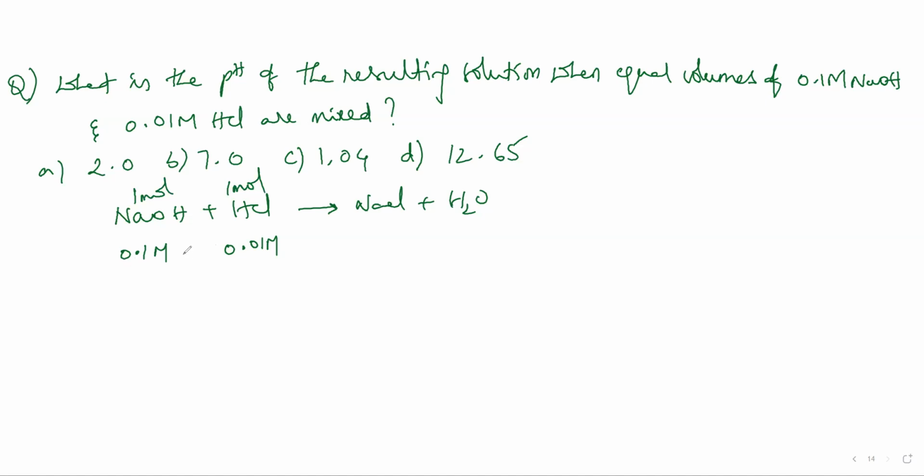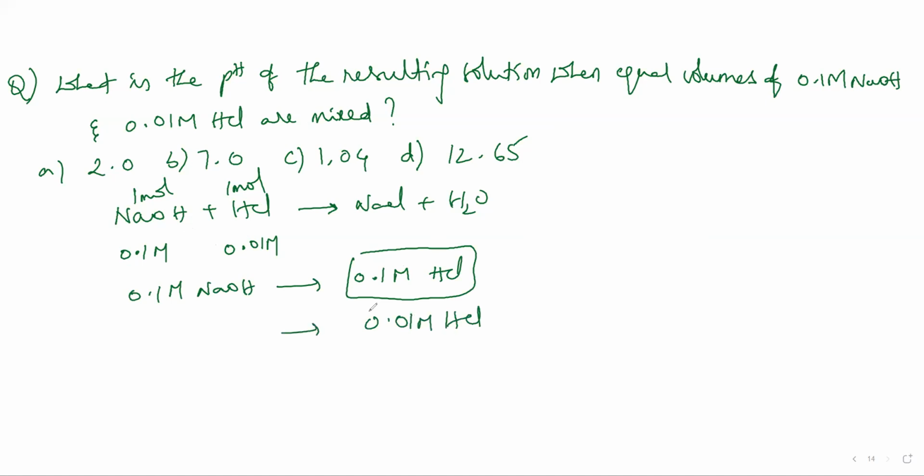That means 0.1 molar NaOH will neutralize 0.1 molar HCl. But here only 0.01 molar HCl is given. That means to neutralize 0.01 molar HCl, we need only 0.01 molar NaOH.